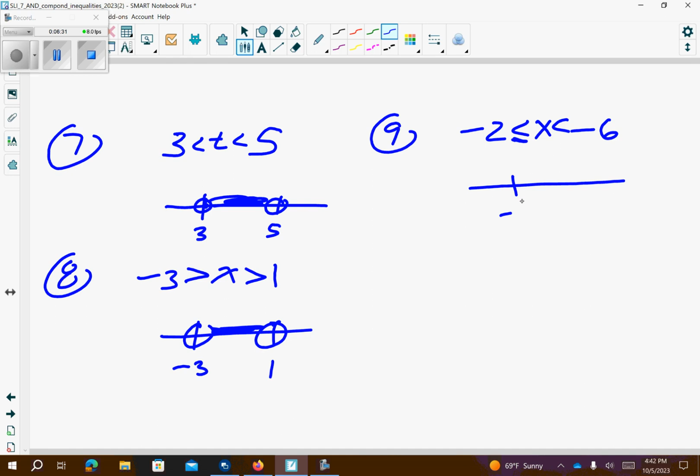Yep, that'll work. So I have a -6 here, and I have a -2 here. So this one is a little goofier, and I don't think we'll see this one on test, but I'm going to go a solid dot here and an open dot here, but this is going to shade all the way through. Okay, you won't see that one on test.